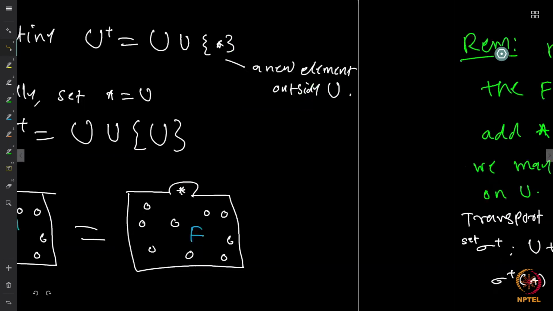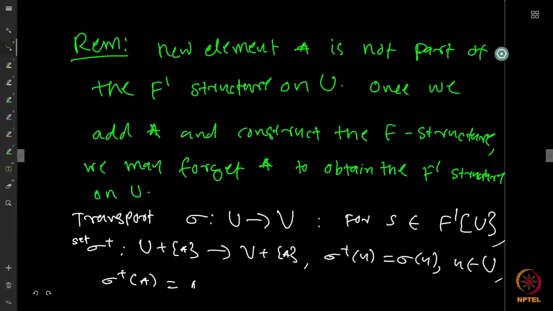Now, one question that may arise is how do you define the transport of structures, right? So sigma is a map from U to V. We have to make sure that this sigma is not affected when we extend it. So we are going to extend sigma to, let's say, sigma plus, where sigma plus goes from U plus star to V plus star.